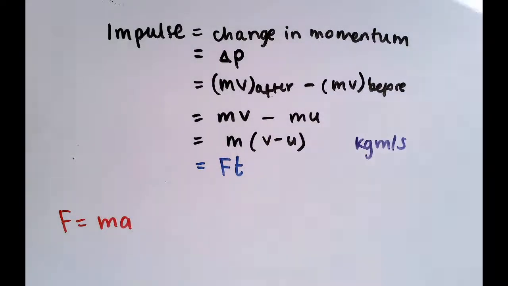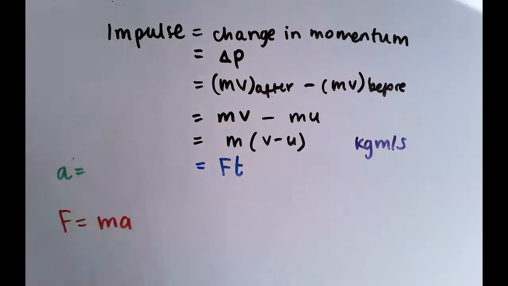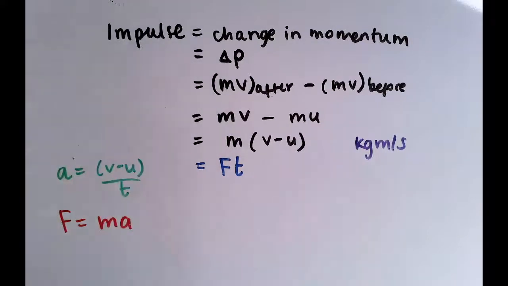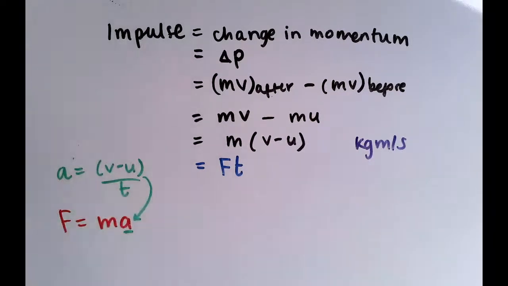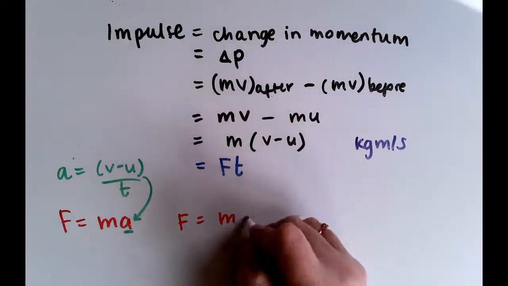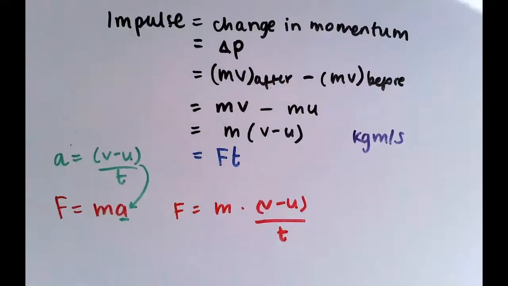You also need to remember the equation for acceleration: acceleration is change in velocity over time, so that's v take u over t, the rate of change of velocity. Now I'm going to take this expression for acceleration and put it in here, so that F equals m multiplied by v take u over t.